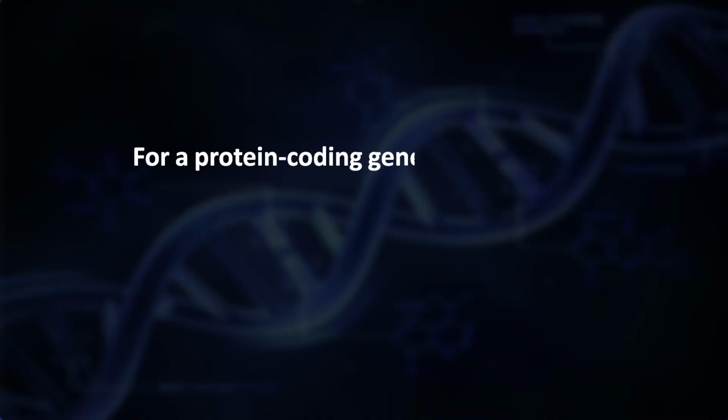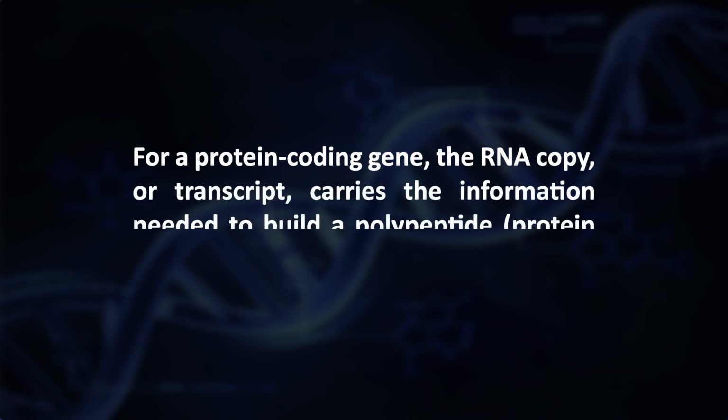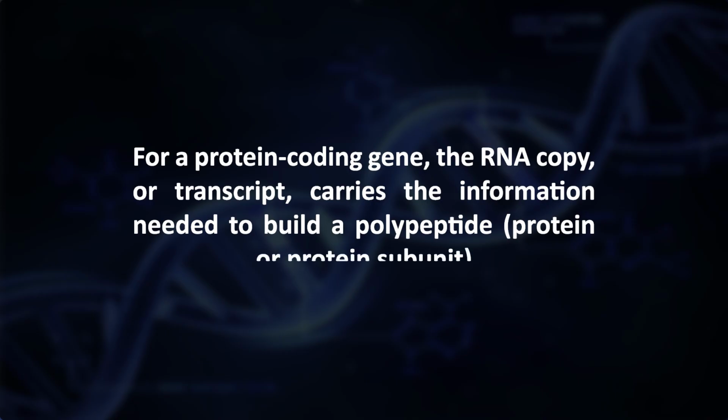For a protein-coding gene, the RNA copy or transcript carries the information needed to build a polypeptide protein or a protein subunit. Eukaryotic transcripts need to go through some processing steps before translation into proteins.